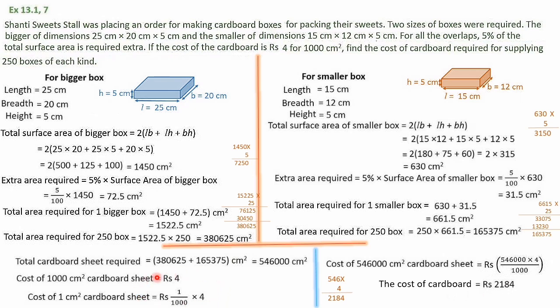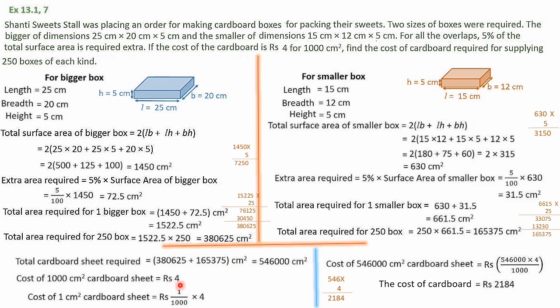So here this portion is a little bit confusing. The remaining portions are quite easy. Total surface area of boxes we have to calculate. Additional areas we have to calculate. Then we have to add both. Then total cardboard sheet required. That means we have to add the areas of both the boxes. Then cost of 1000 centimeter square cardboard sheet is rupees 4. From here 1 centimeter square cardboard sheet value we have to calculate.